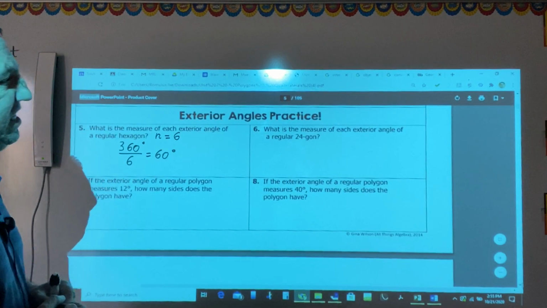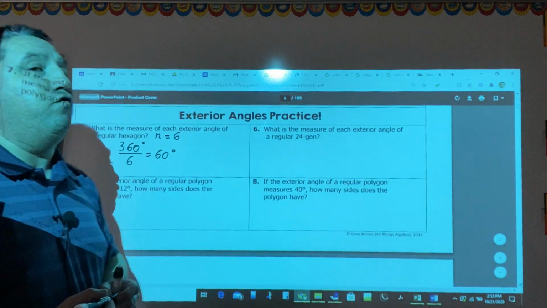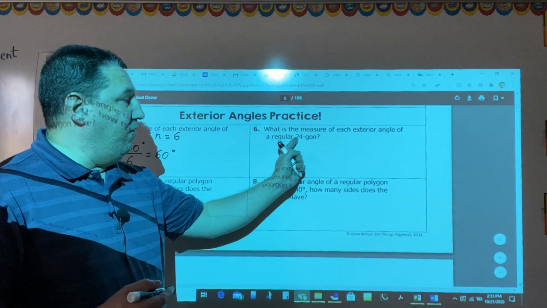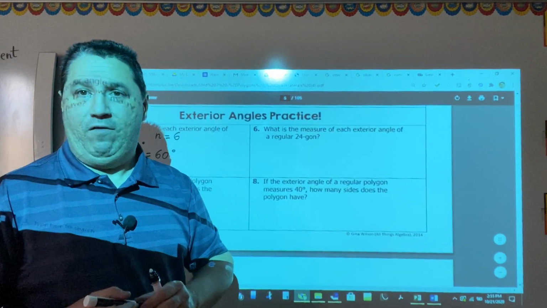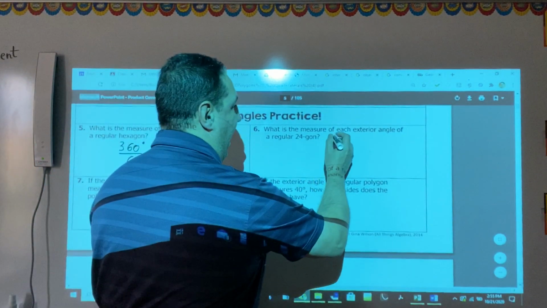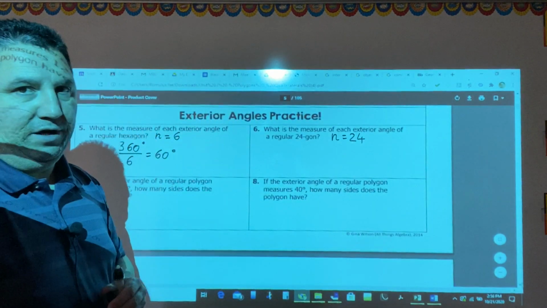Next, what is the measure of each exterior angle of a regular 24-gon? A 24-gon is a polygon with 24 sides. So, n would be equal to 24, right?